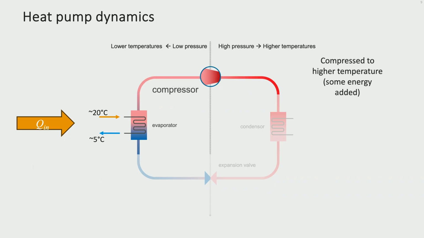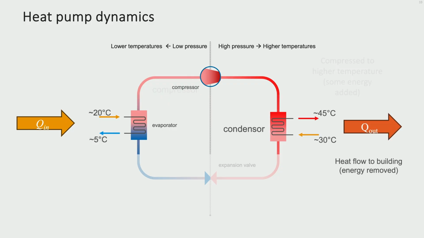This gas is then compressed by the compressor, causing the increase in temperature because the molecules are closer together, resulting in more friction and collisions which create heat. This is the part of the heat pump where the mechanical work is done and where the energy from the work is added to the working medium as well.